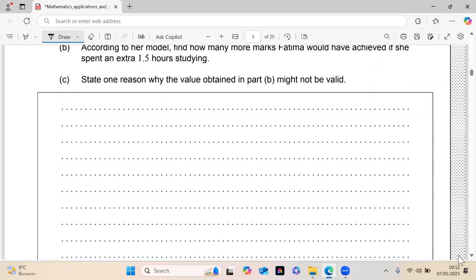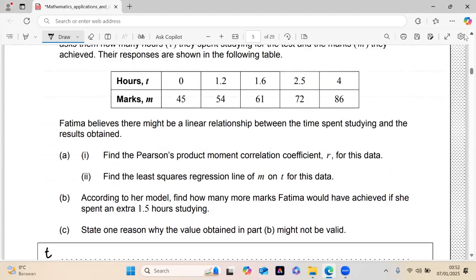Okay, I need a table to calculate the correlation. The table has T and M for this data.